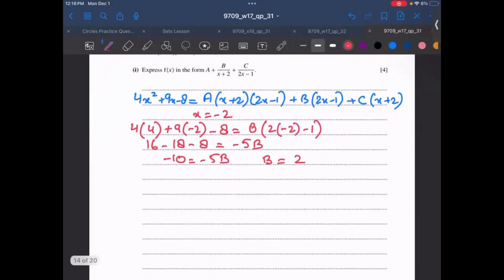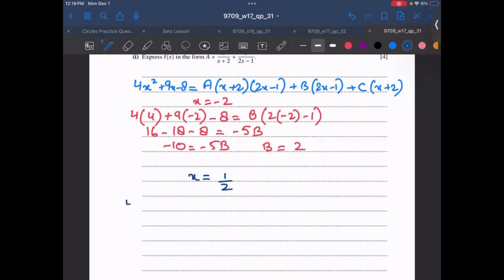Once we have the value of b as 2, now we can take x equals to 1 upon 2 and we will cancel out the a and b values. So now taking x equals to positive 1 upon 2, we'll get 4 into 1 upon 2 square is 1 upon 4 plus 9 into 1 upon 2 minus 8 is equals to, so a and b cancel out. So we'll just have c into 1 upon 2 plus 2.